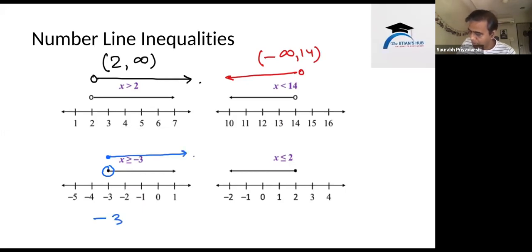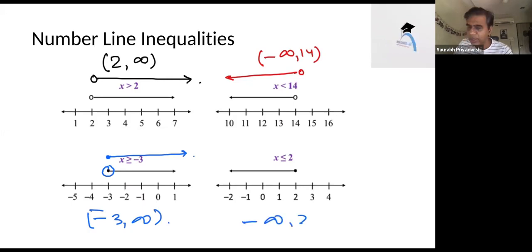So this is minus 3 to infinity. Infinity will always be open, because we are not able to reach that point. That's the reason it will always be an open bracket. If you want to ask anything, you can raise your hand or type in the chat, up to these slides.